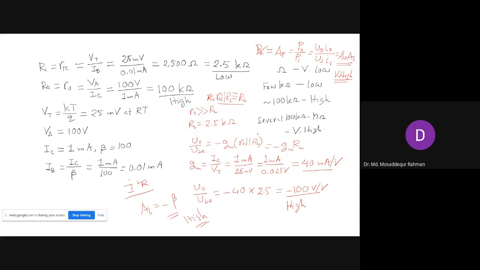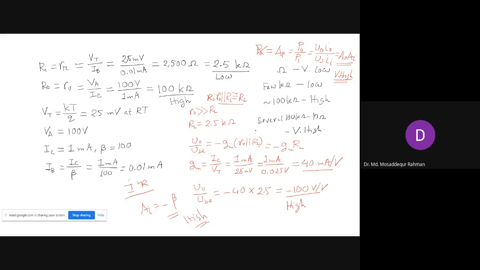Guys, any question? Guys, what is the main drawback of the common emitter amplifier? Low input resistance.